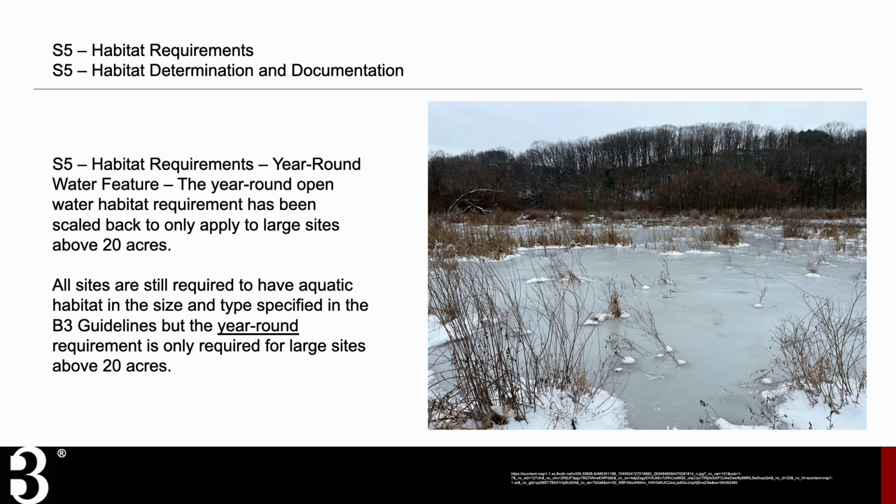Therefore, only large sites which may actually provide a significant natural habitat during Minnesota's winter months should have areas kept open with an aerator, bubbler, or other type of device that prevents full ice over of a water body during Minnesota's winters.